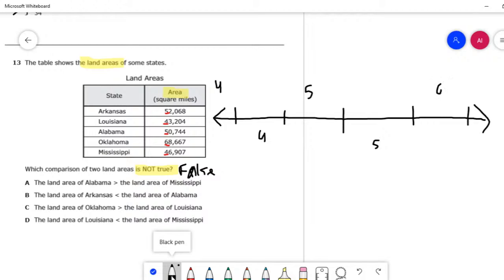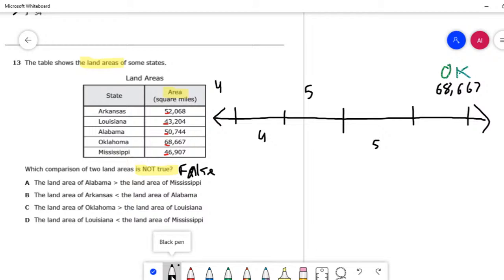Because we only have one number that is 60,000 and something, we know that our largest number is 68,667. And I'll just take this nice colorful color and mark that as Oklahoma. I'll just put the first 2 letters, and label it as OK for now.